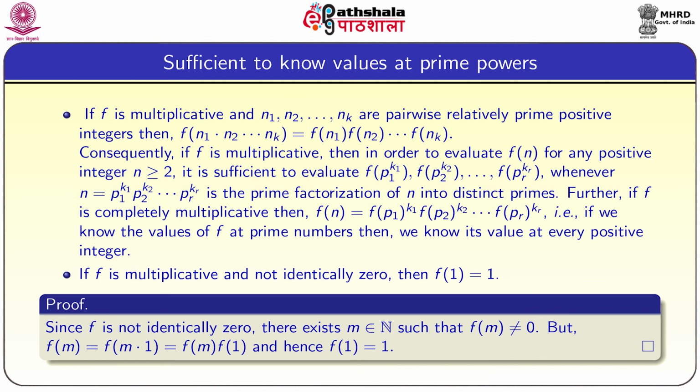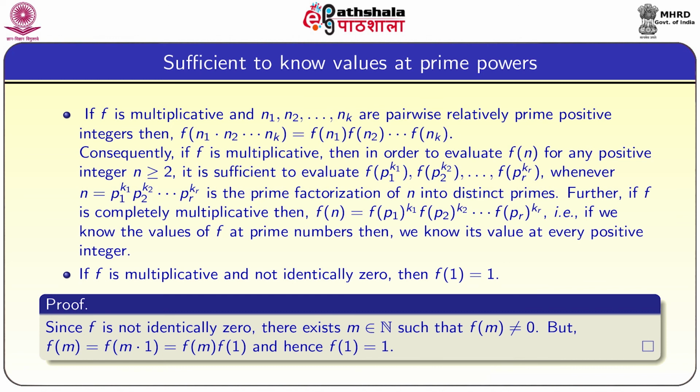Now we are going to give one result: if f is multiplicative but not identically 0, then f of 1 is equal to 1. So, the proof goes like this. Since f is not identically 0, there is at least one natural number m such that f of m is not equal to 0.